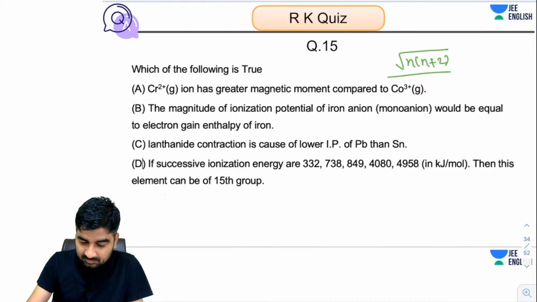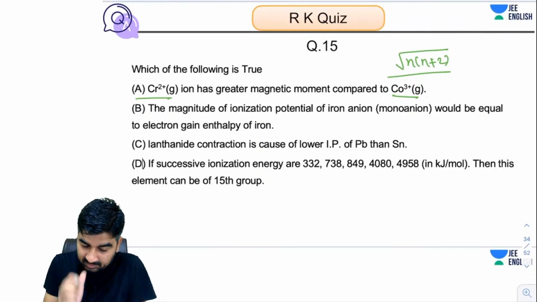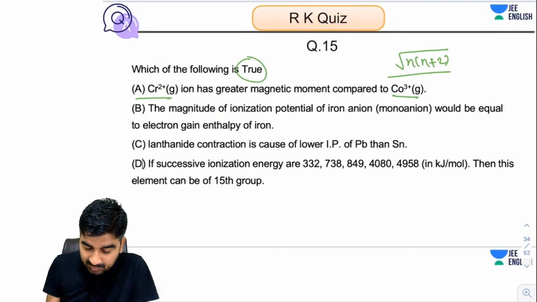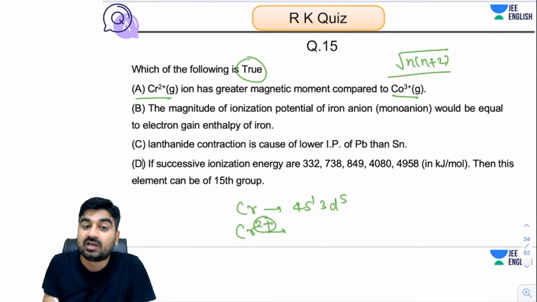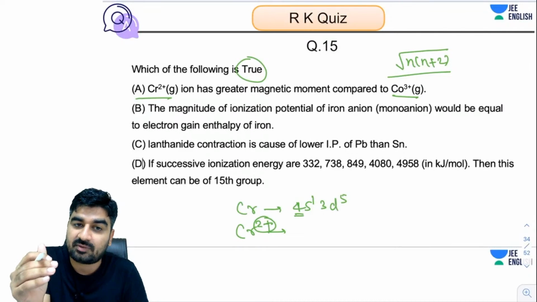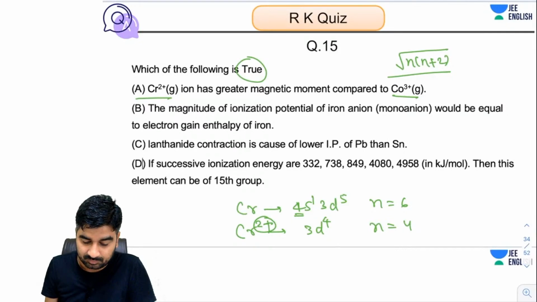So which has greater? Now you need true statement. Configuration of chromium is 4s1 3d5. So Cr2 plus, I told you, if two electrons are to be removed, then electron will be removed from 4s, from the subshell having n maximum. So two electrons are removed, 3d4, so n value here will be 4.